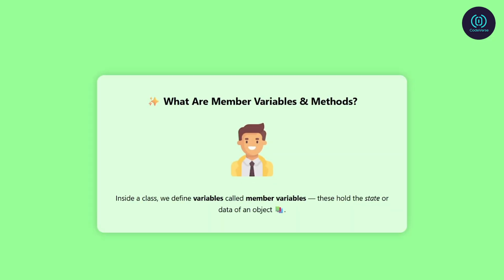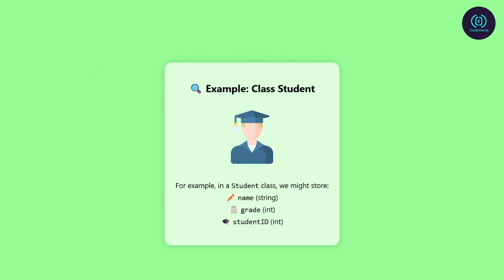Inside a class, we define two main things: member variables and member methods. Member variables, also called data members, are just like regular variables, but they belong to each object created from the class. For example, in a Student class, you might have string name, int age, float grade. These hold the data specific to each student object.